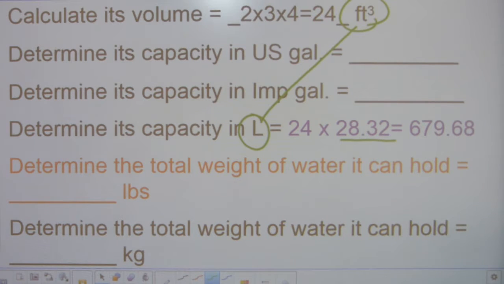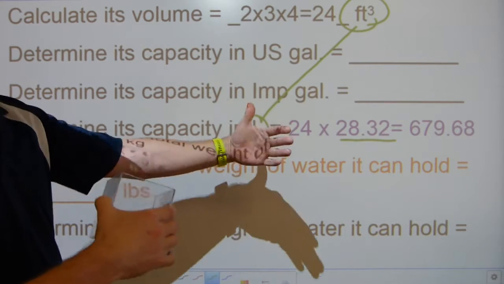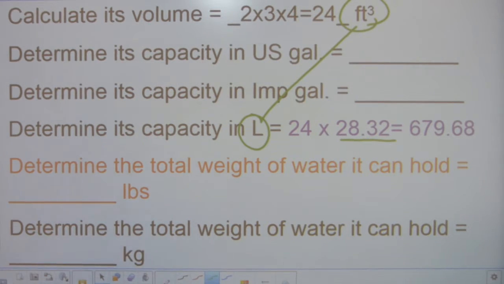Liters are also smaller, so multiple units of liters can be filled into a fairly larger cubic foot. In all, you will end up with 679.68 liters. So that's your answer for the first conversion.